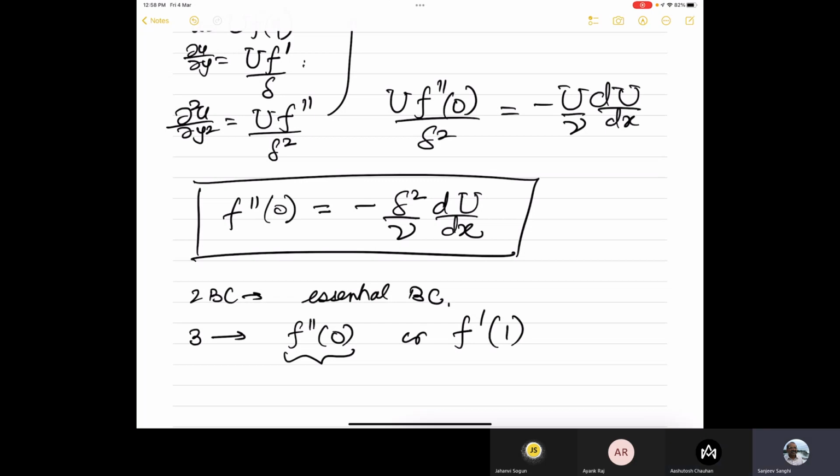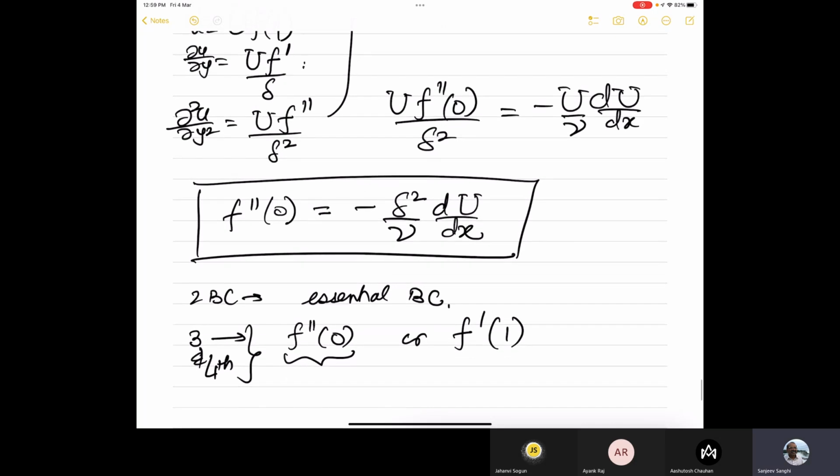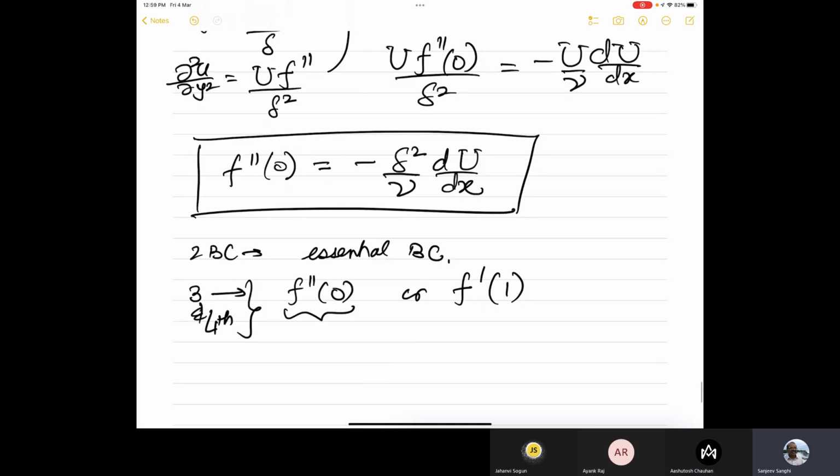So normally the third and fourth conditions which we use are f double prime 0 and f prime 1, in whichever order. If f double prime 0 converts it back to a linear polynomial, then I will use f prime 1. Otherwise, I will use f double prime 0. And if four are needed, then it is clear that I use them.